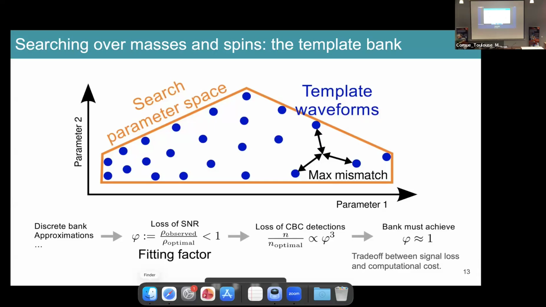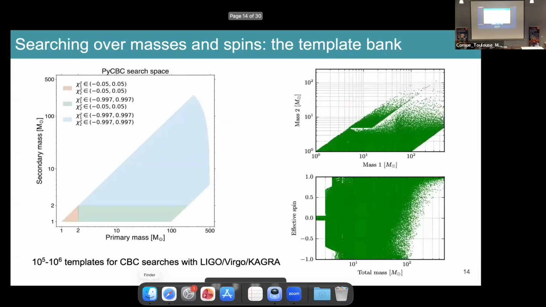So basically what you need to achieve, you need to have a loss of SNR which is under control, typically no larger than 3%. And if you achieve this, then you have achieved a correct balance between loss of signals and computational cost, of course, because the more points you have, the more operations you are going to have to do.